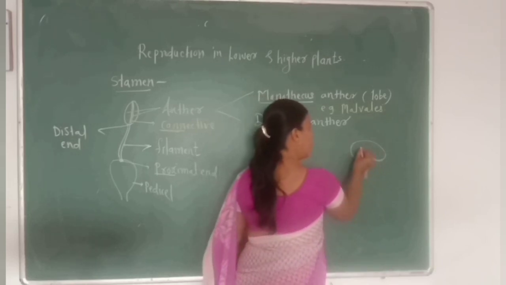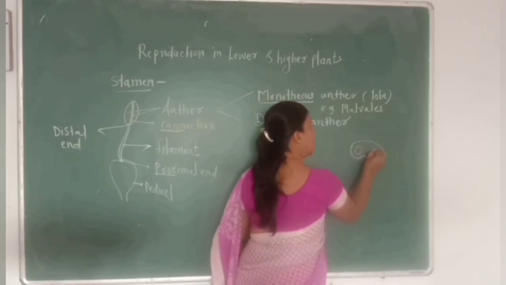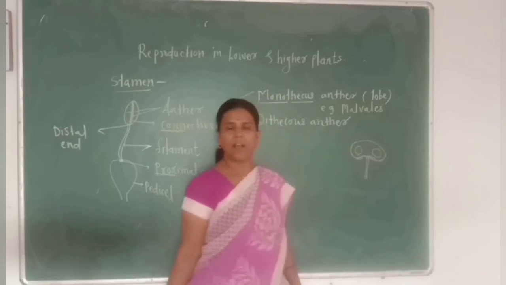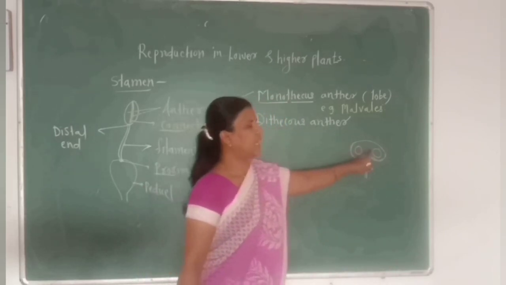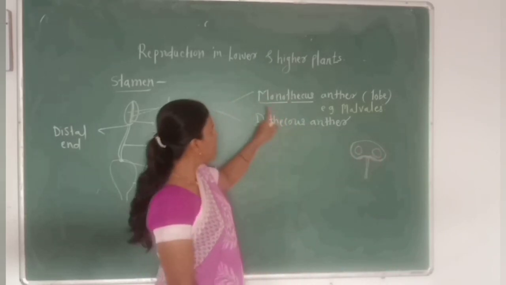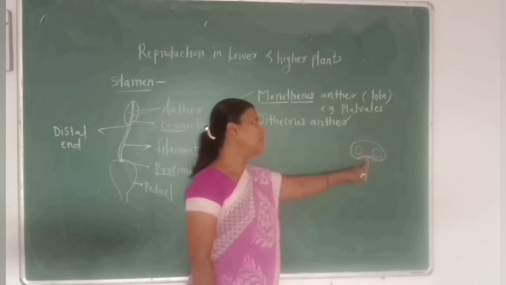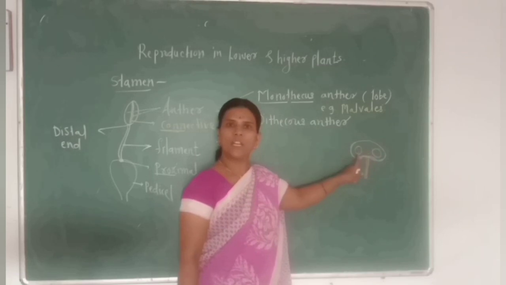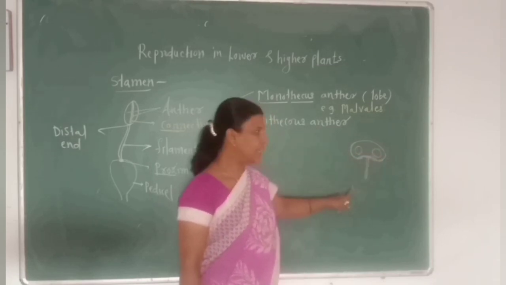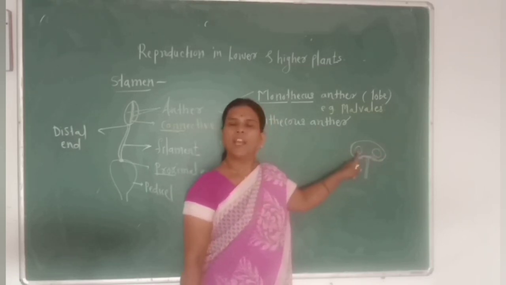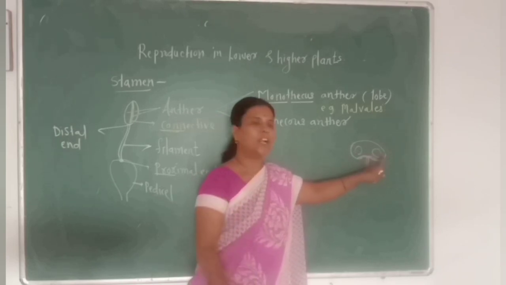In this lobe, two microsporangia or two pollen sacs are present, and in these pollen sacs pollen grains develop.